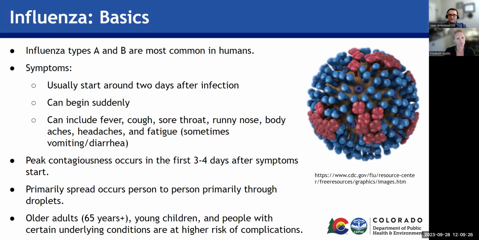Young children, the youngest infants and toddlers in particular, but young children generally. And then individuals who have certain underlying conditions. And the full list of that is a little more extensive than what I can go over here. But many of the underlying conditions that put people at risk generally for severe respiratory illness would apply in the case of influenza as well.